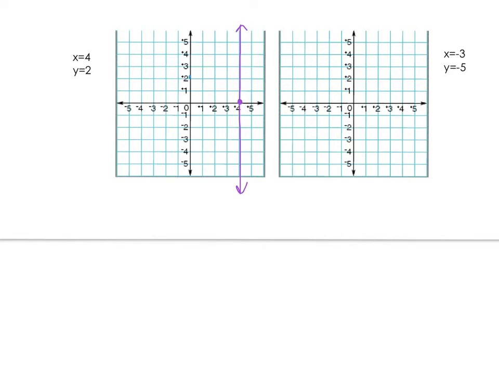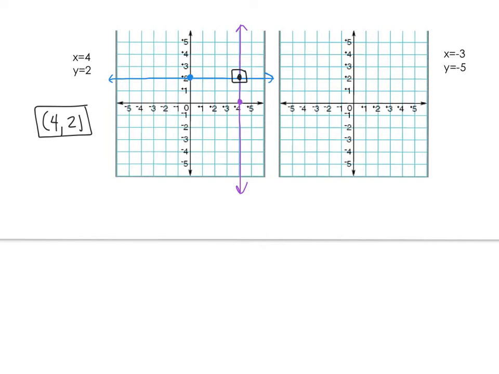So we put a dot at 2 on the y-axis. Now notice neither one of those had an x or a y in the opposite equation. And we want the solution where they intersect. So it's 4 on the x, 2 on the y.